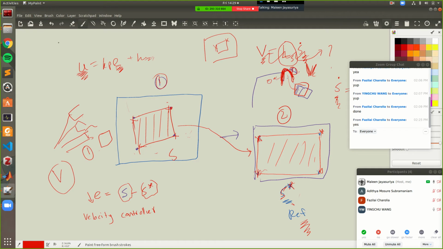Because if we blindly do a PID control, for example, S minus S star, we see that there is an error. If we just blindly say velocity is equal to P times this error, the thing is, in a gripper you have six degrees of freedom.